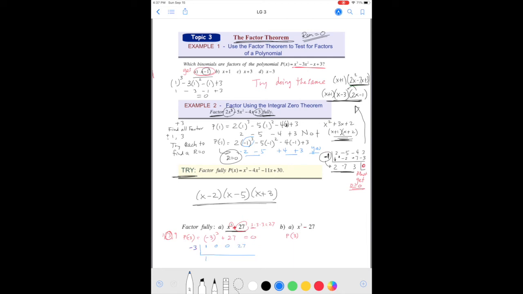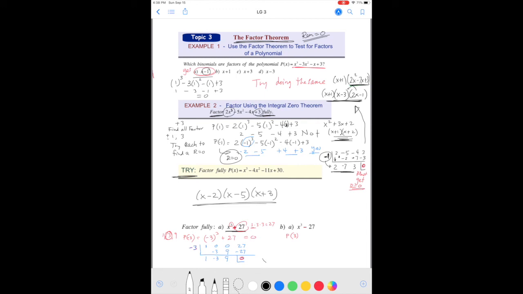So we drop, times negative 3, add, negative 3 times, and then add, times negative 27, and I do the happy dance because look at that, I got a 0, which is very, very important.